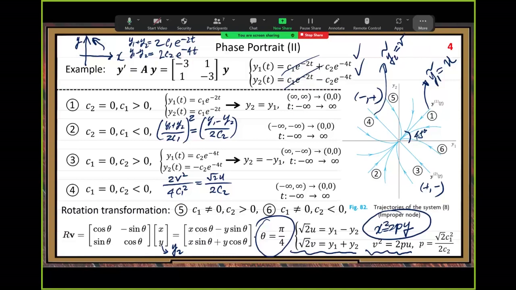But you may argue that we can look at what happens when t goes from negative infinity to positive infinity, because there is a square.